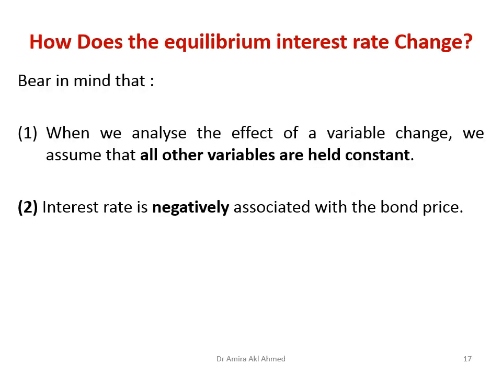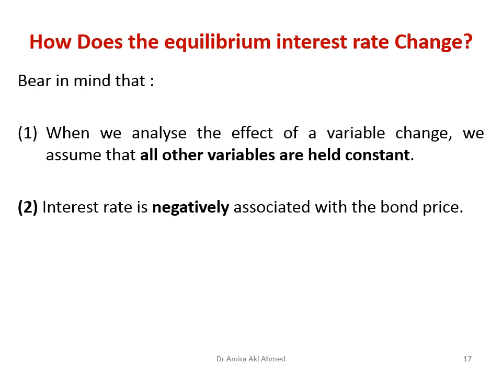We have analyzed the factors that could shift the demand for bonds and the factors that are likely to influence the supply of bonds. Now we can use our knowledge to investigate how the equilibrium interest rate can change. The best way to do this is to consider some case applications.